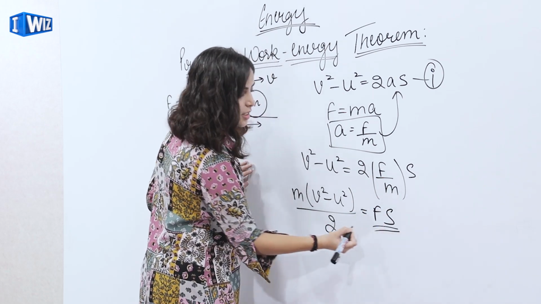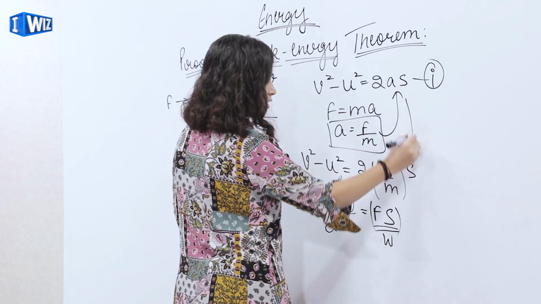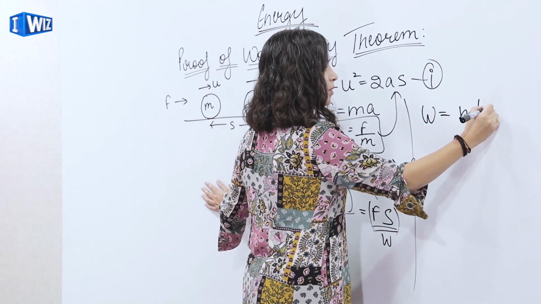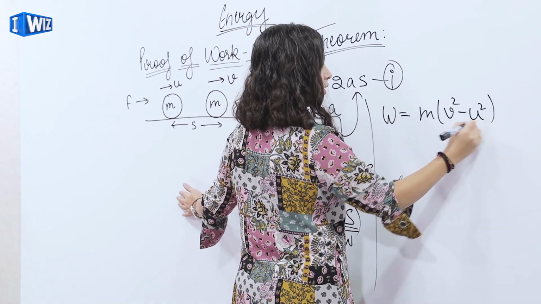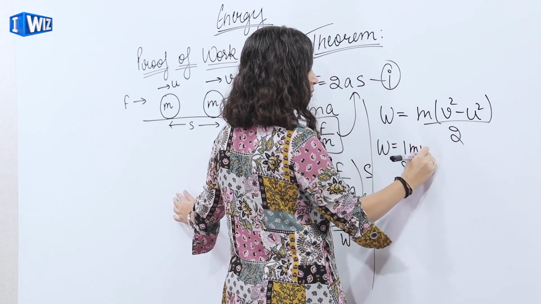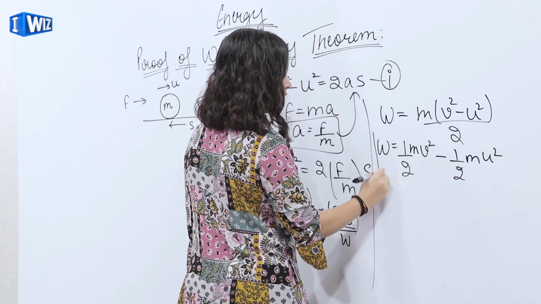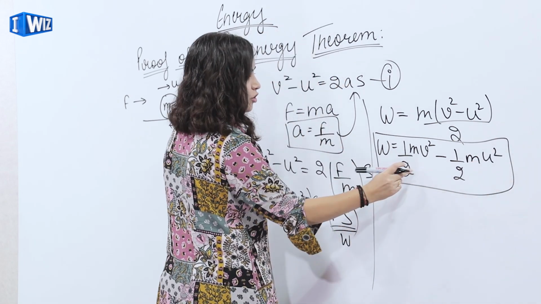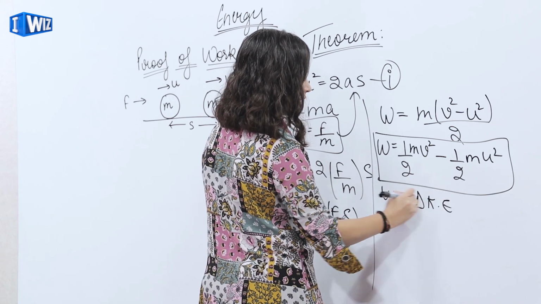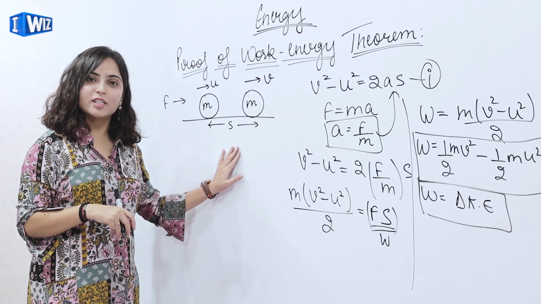Now what is force into displacement? Work done, I can write it W. So I'll get W is equal to m times v square minus u square upon 2. Work done is equal to half mv square minus half mu square. That means change in kinetic energy. Work done is equal to delta of kinetic energy. This was the work energy theorem when force is constant.